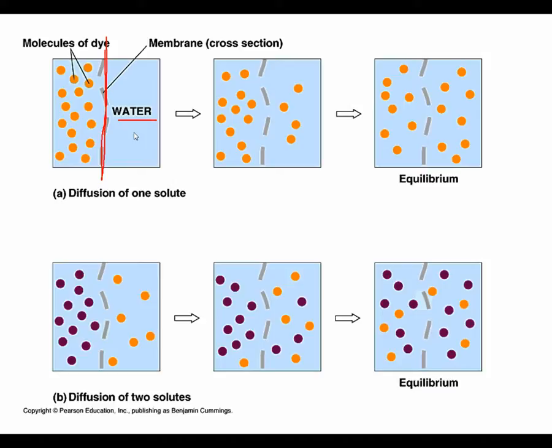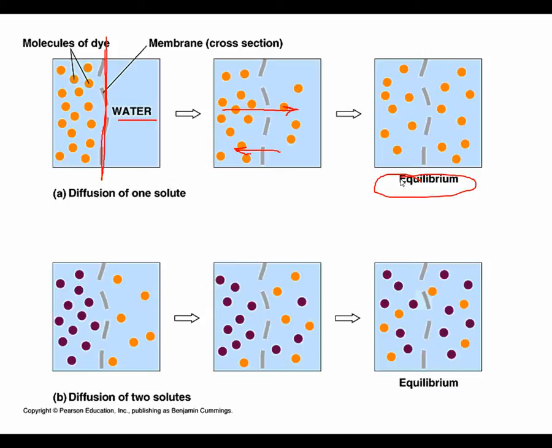On the left hand side, as you can see, we have this dye. It's kind of like if we put food coloring in a cup of water. We have a higher amount of water on this side, and what's going to happen is the dye molecules are going to move this way, and the water molecules are going to move in this direction, until they reach this point, which we call equilibrium.